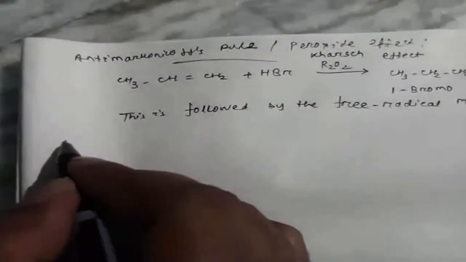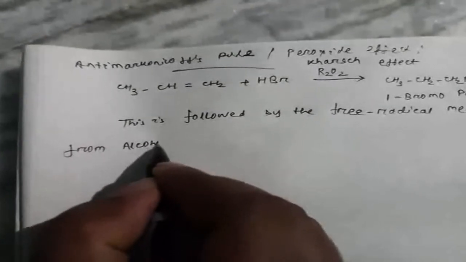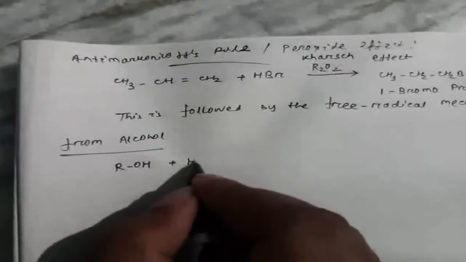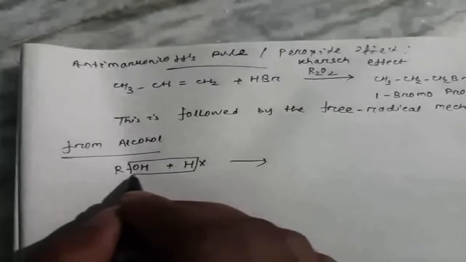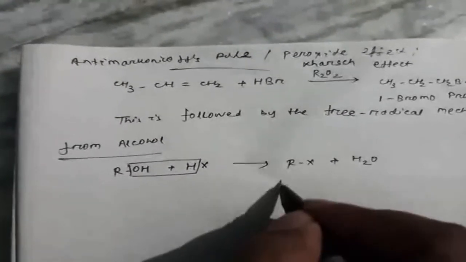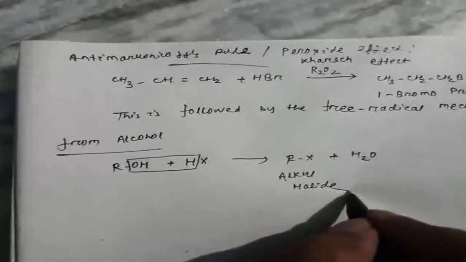Then method of preparation from alcohol. Simply, alcohol ROH reacts with HX to give RX plus H2O, that is alkyl halide.